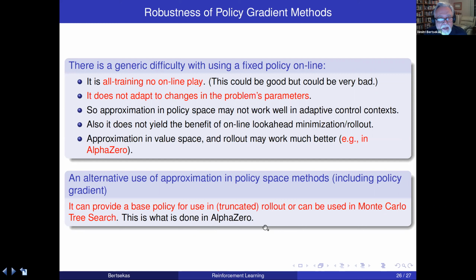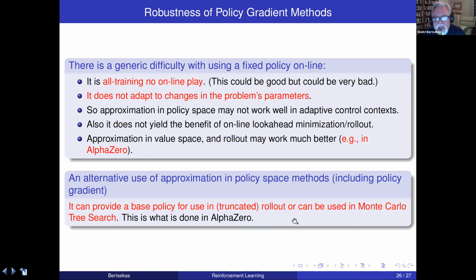So this leads to a view of reinforcement learning where approximation in value space is the dominant method, and approximation in policy space is used in a subsidiary role to enhance and implement various aspects of approximation in value space: obtain some base policy to use in multi-step look ahead, obtain some cost function approximation to use at the end, and so on.